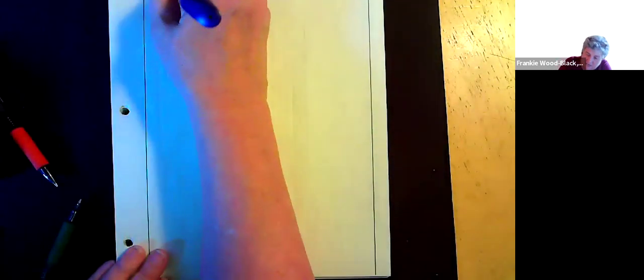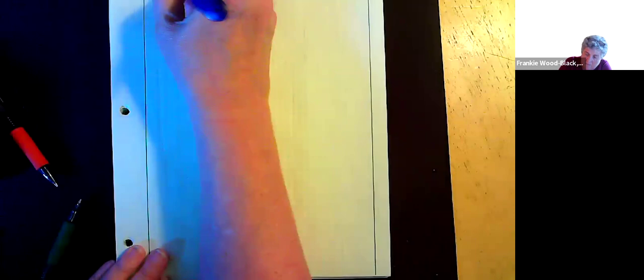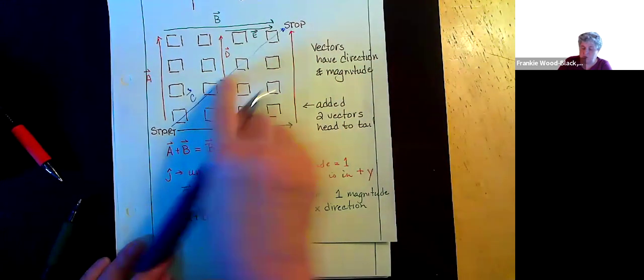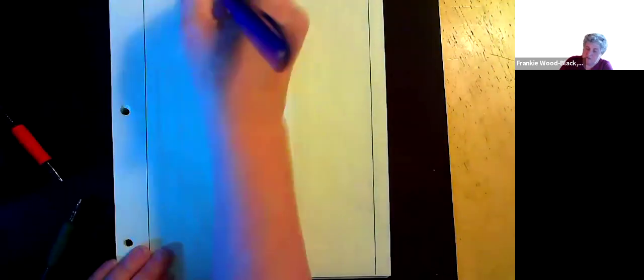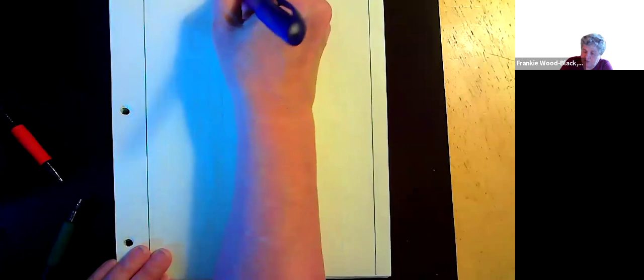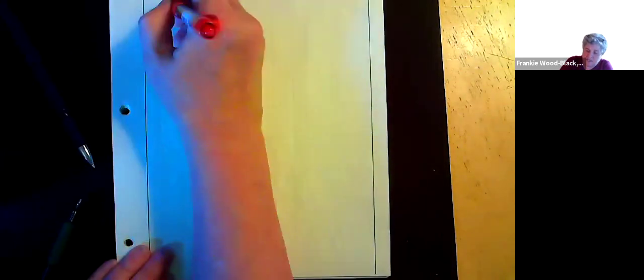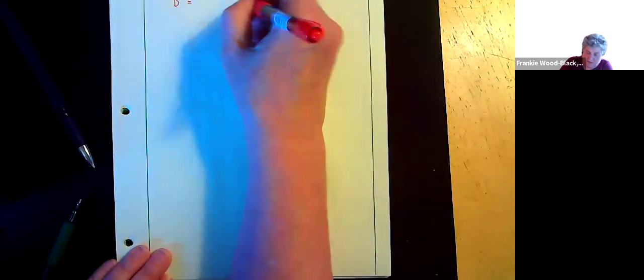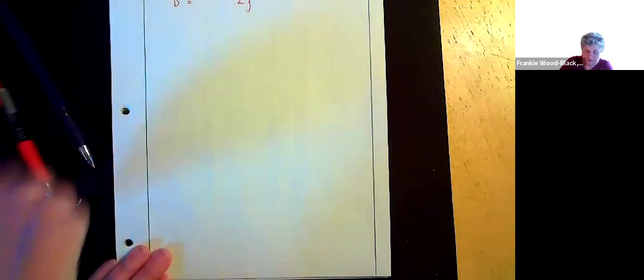So we're going to write vector C. Vector C, based off of our picture, is 2, 2. So it's 2 in the i direction plus 2 in the j direction. Vector D was 2 in the j direction.